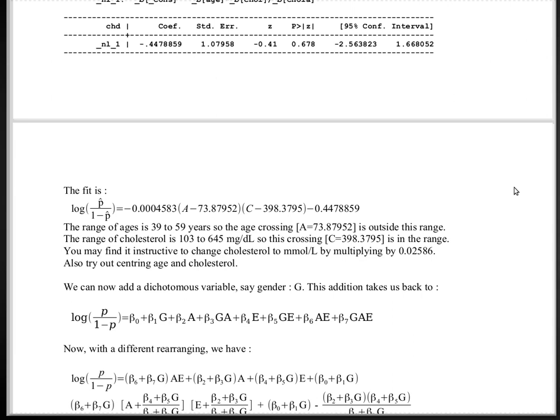If you're interested in this particular illustration, you might try changing the units of cholesterol to metric, just to see what things look like, and you might find it instructive to try the centering of age and cholesterol, which we did not do at the start, and look at what the implications for these models are.